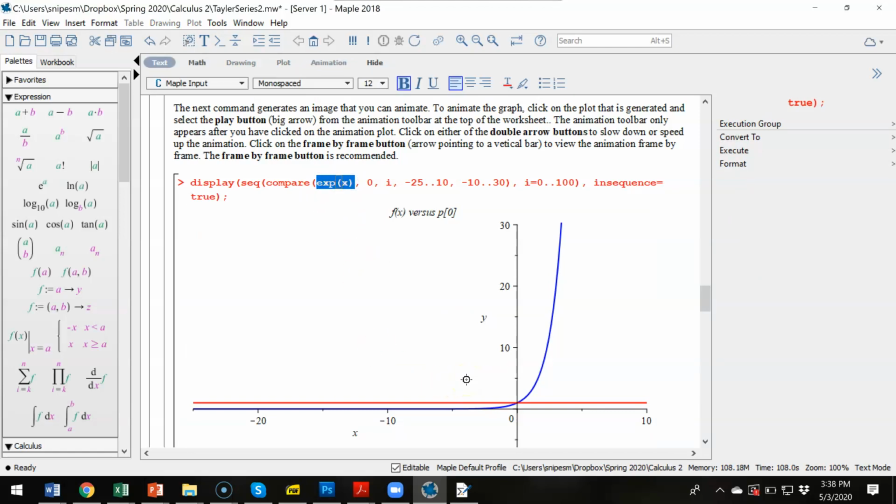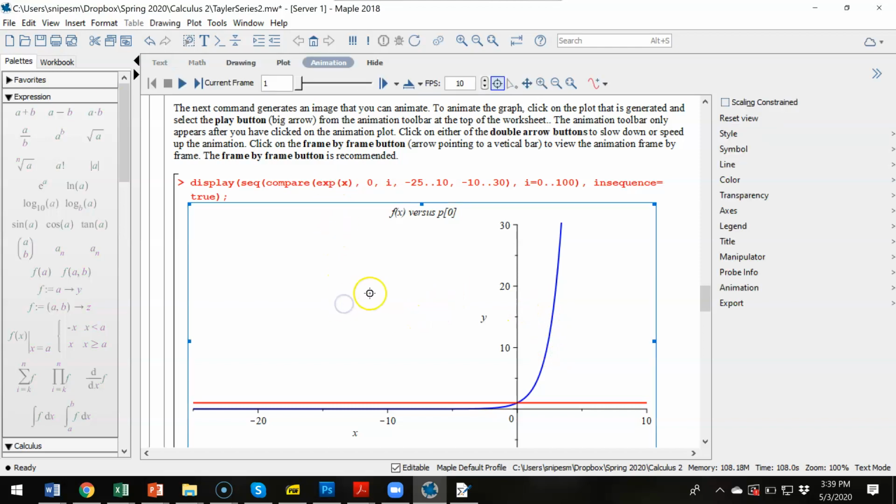The calculator notation for that is exp of x. I've asked Maple to compute the first 100 Taylor polynomials. It is going to break down at about the 56th degree polynomial, but you'll get a sense for what's happening. So even with Maple, there become small number issues as you choose very, very high degree polynomials.